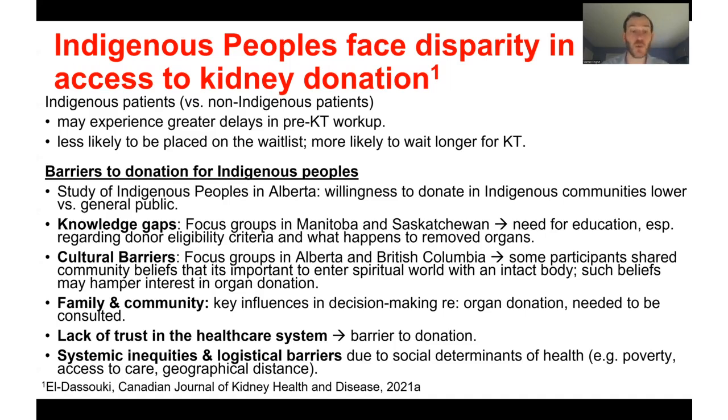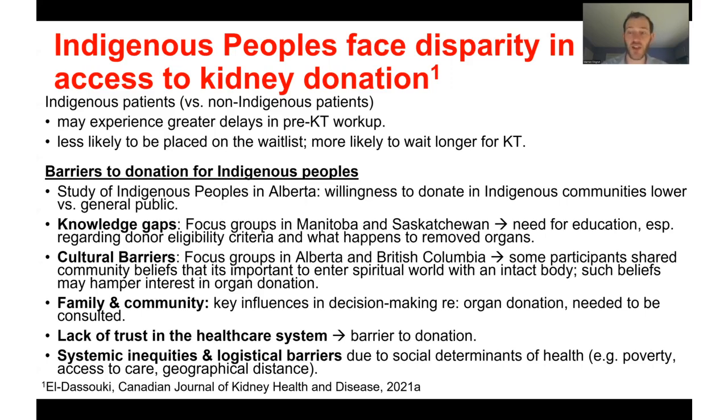There were cultural barriers, where different focus groups in Alberta and British Columbia with Indigenous communities found that some participants shared a community belief that it's important to enter the spiritual world with an intact body, and that such beliefs may hamper interest in organ donation. Family and community are key influences in decision-making regarding organ donation, and need to be consulted.